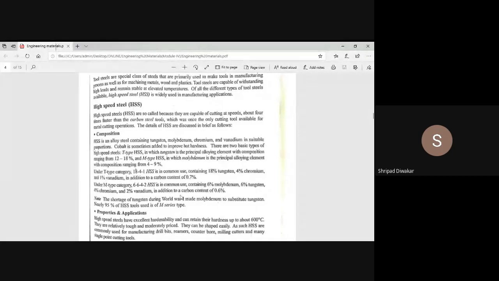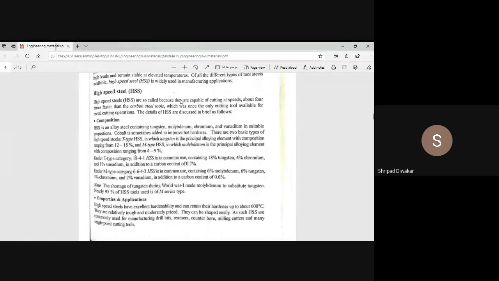High speed tool steel is an alloy steel containing tungsten, molybdenum, chromium, and vanadium in suitable proportions. Sometimes cobalt is also added to improve the hardness of the steel. Cobalt is mainly used to add additional hardness to the material. These are the compositions of high speed steel. Remember, molybdenum, chromium, vanadium, and tungsten are added in suitable proportions to get the tool steel.